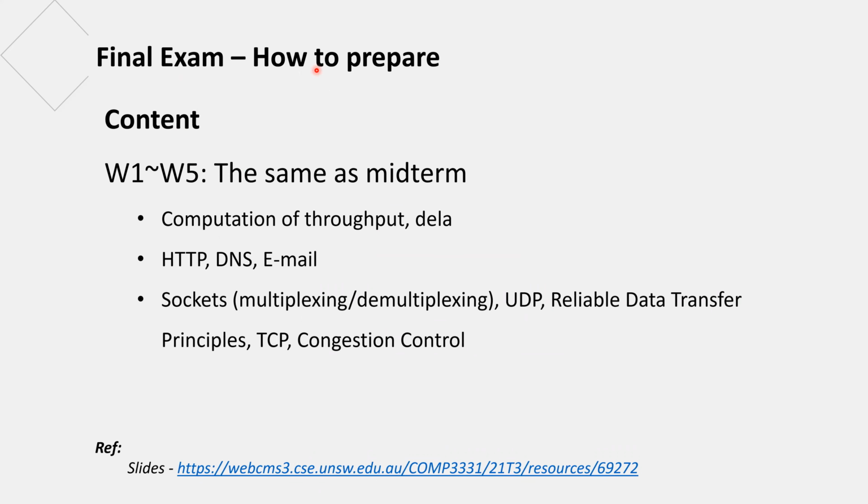The final exam about the content from week 1 to week 5 should be, I think, exactly the same as the midterm exam. There will be general knowledge about the network from week 1 and week 2, and week 2 and week 3 should be HTTP and DNS.